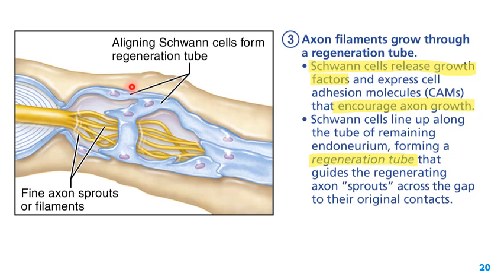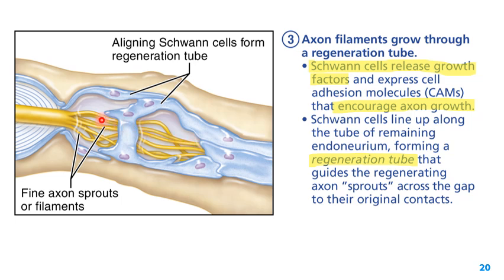They are going to release growth factors that are going to start growing this axon from the part of the axon that was not damaged. So the Schwann cells release these growth factors, and they start creating this axon, and this is what you call the regenerating tube.